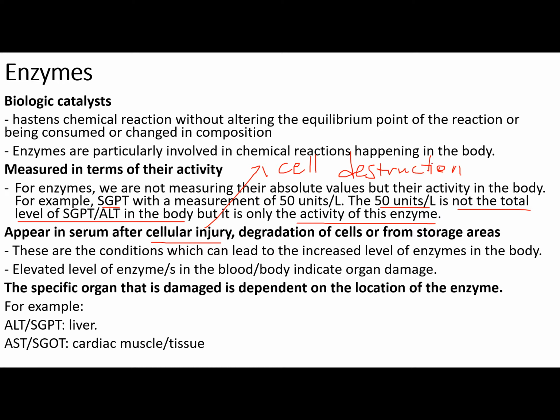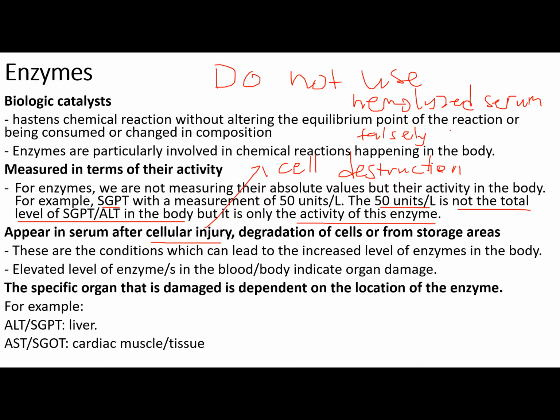That's why in enzymes, when you're going to test for enzymes, it's very important that you do not use hemolyzed serum or plasma or other samples, because as mentioned here, they would usually appear in cellular injury. And if you use hemolyzed serum or hemolyzed plasma or any hemolyzed sample, it would cause a falsely increased result.